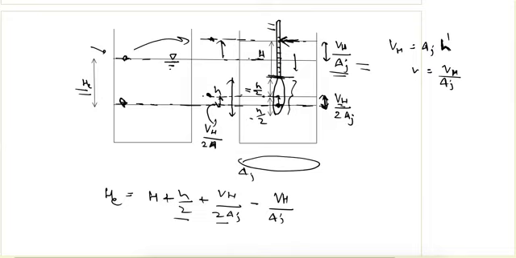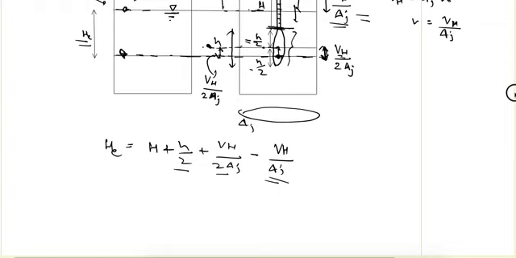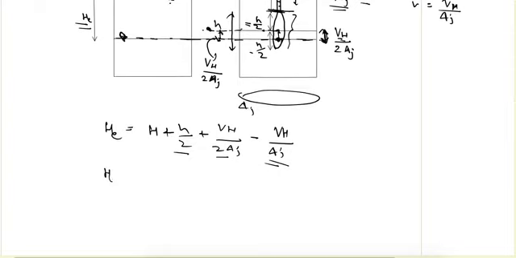So this is Vh upon 2Aj, and to deduct the rise we are deducting Vh by Aj. So from here He is equal to H plus 1 by 2 h minus Vh upon Aj. This is the formula for effective height in a hydrometer.